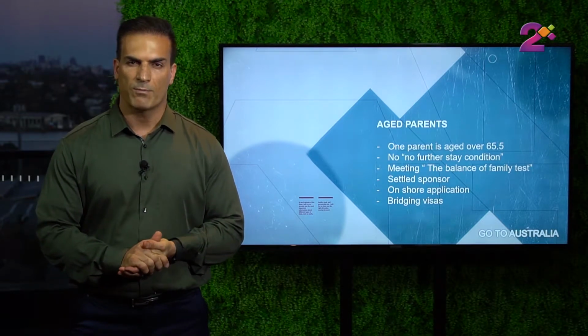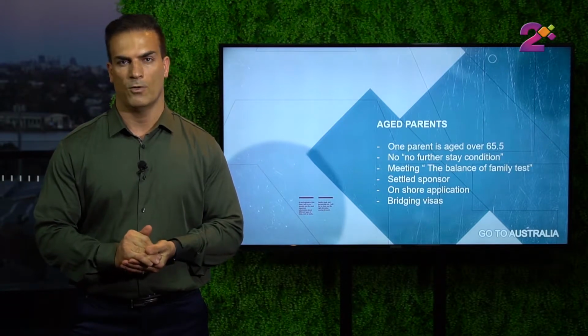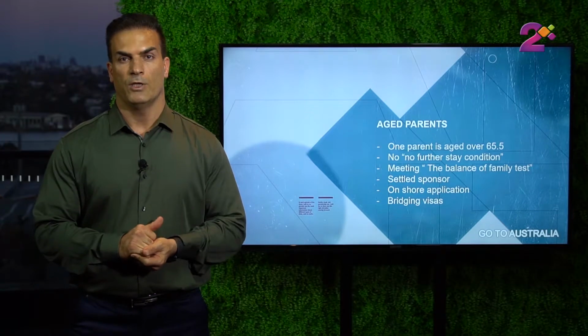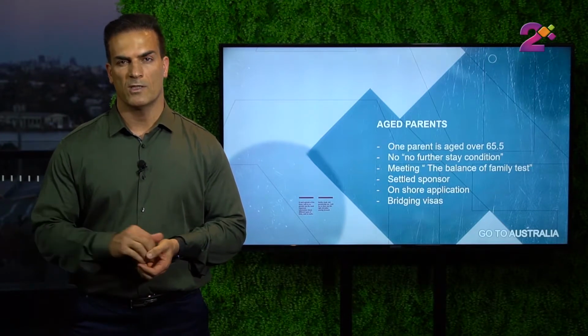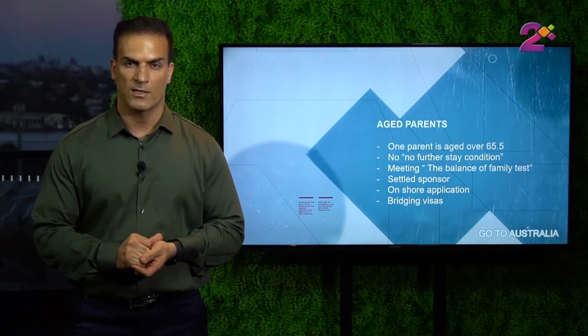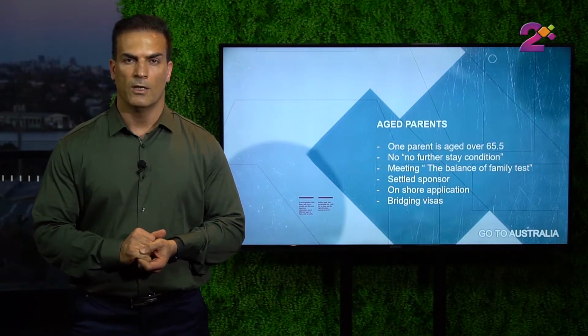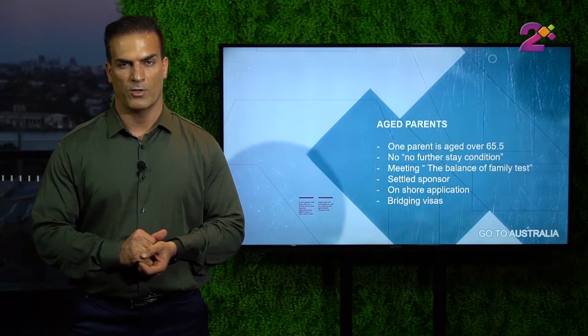But can everybody apply for aged parent visas even if they are aged over 65.5? No. The answer is no. Depending on what visa you are on in Australia and whether it has a condition called no further stay condition, you may be eligible to apply or may not.